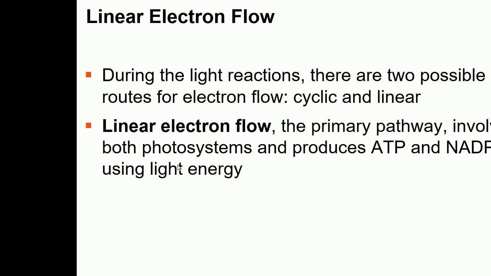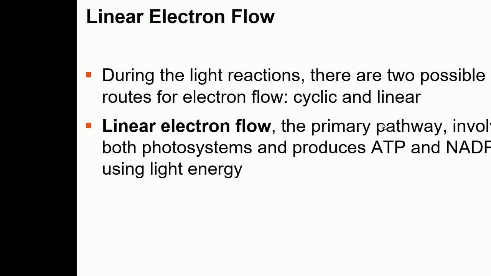The output of the linear electron flow is ATP and NADPH, and it involves two photosystems. We just discussed in part 1 that there are two photosystems, photosystem 2 and photosystem 1. Photosystem 2 is also called P680 because the special pair of chlorophyll A molecules in this photosystem absorbs light of wavelength 680 nanometers.